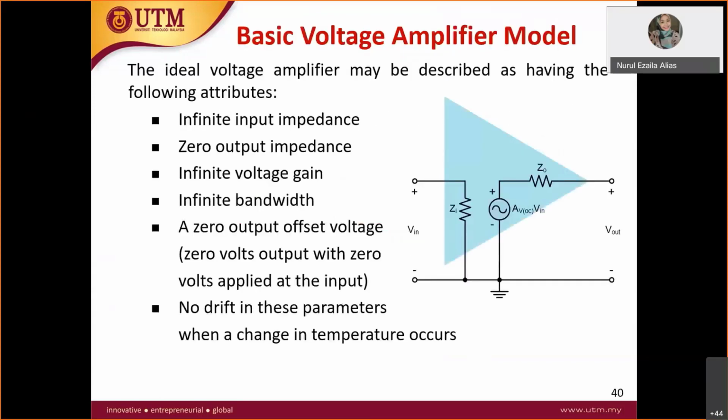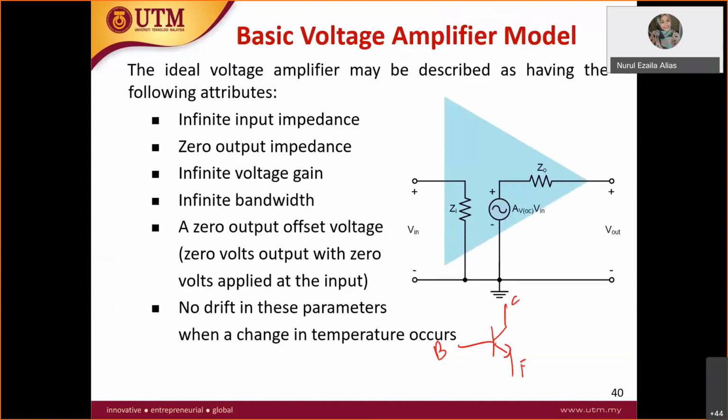This is how the basic voltage amplifier model looks. This is your BJT, and you have base, collector, and emitter.